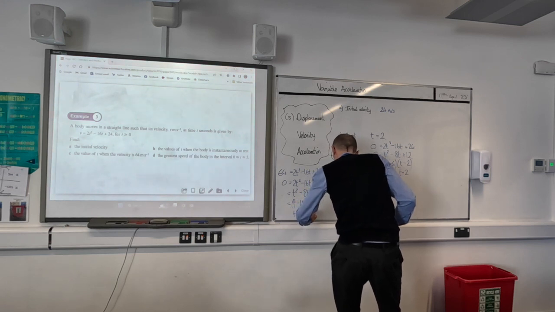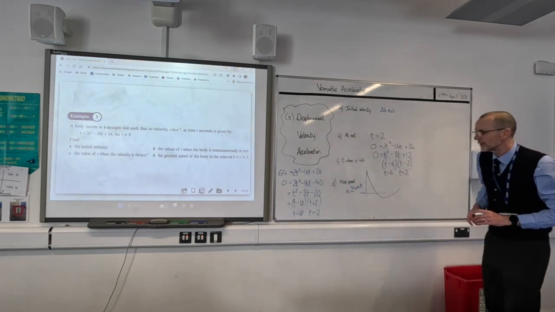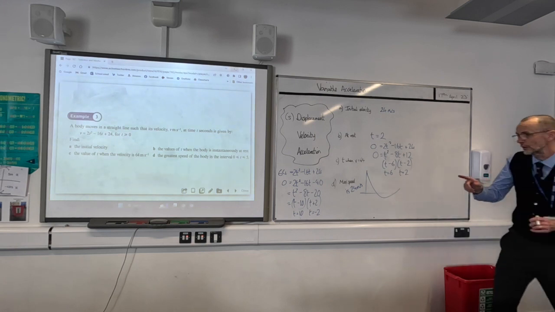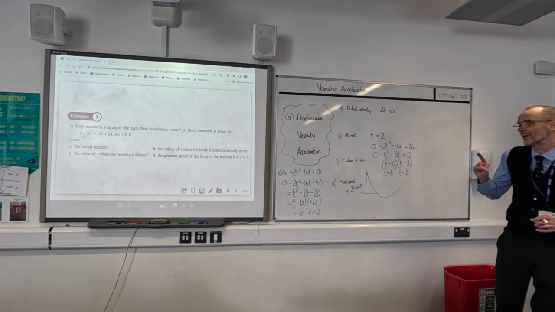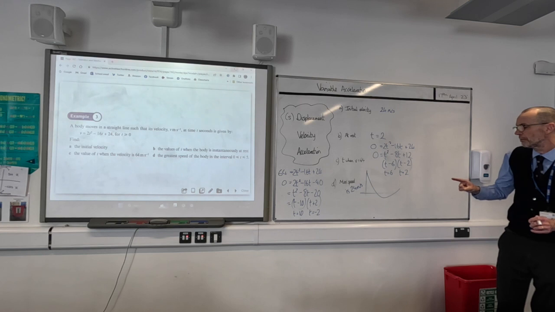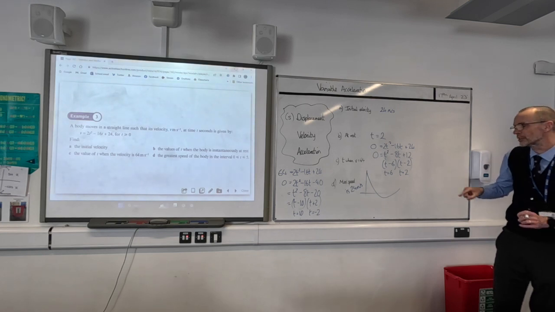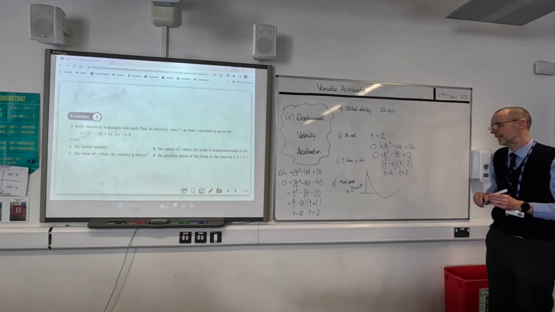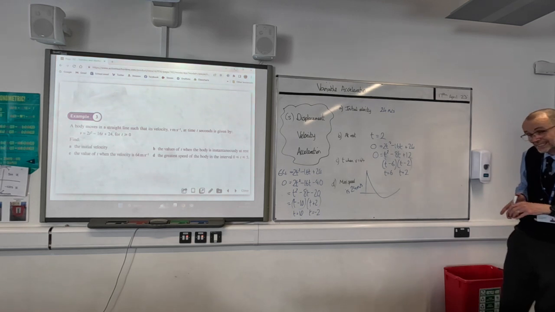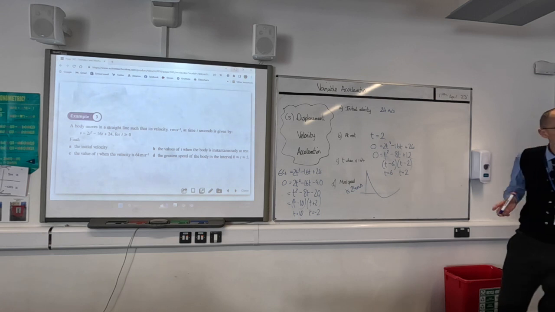I'm fixing my calculator. So I know that the velocity will be 64 when t is 10, but also when t was -2, so that was sort of before we started going. So t is 10 was the answer to part C. Are we happy with that?